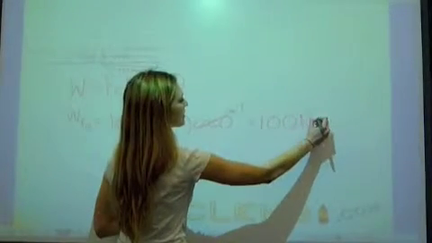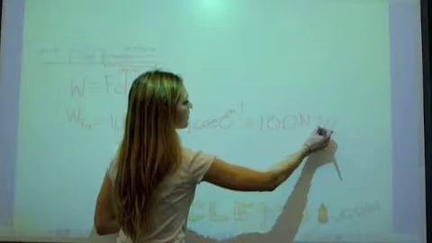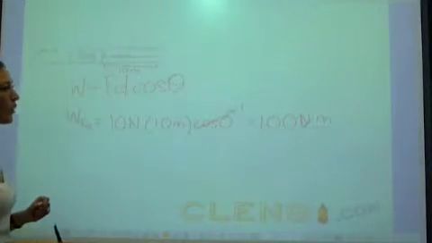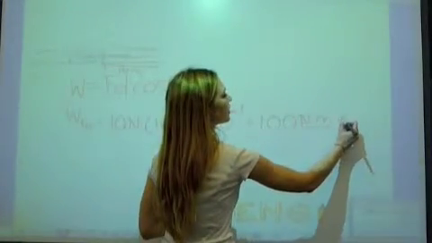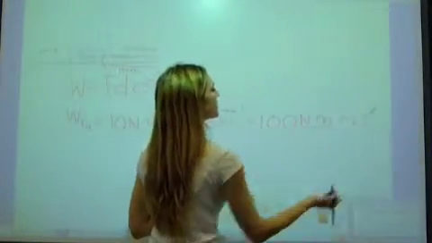So right there, we have 100 Newton meters, and work is measured in Newton meters, or joules, which are unit-wise equivalent. So that's pretty easy. That's the work done by the applied force.